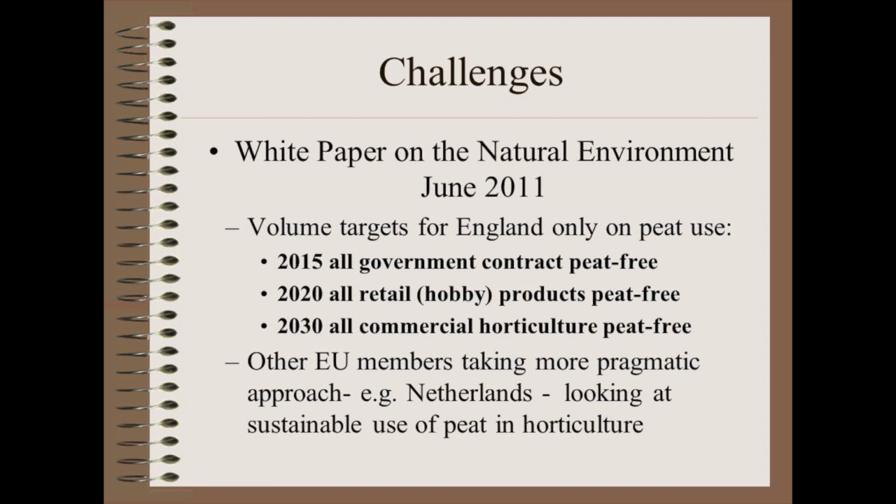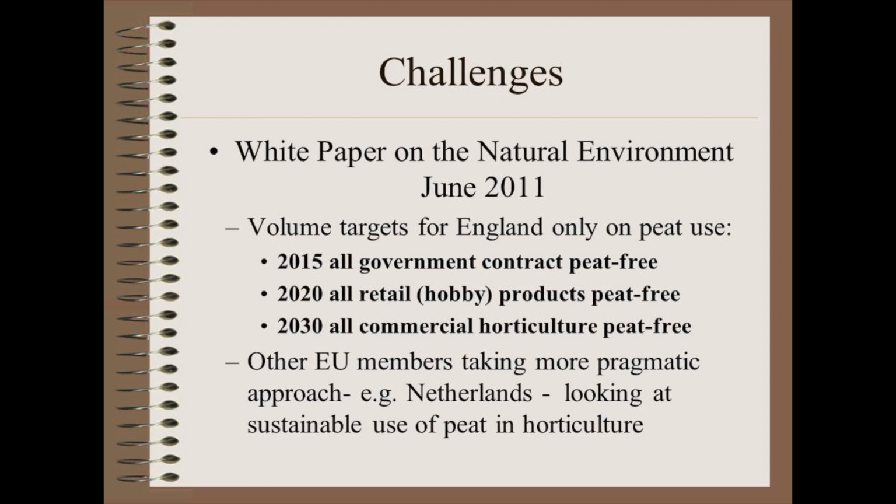And for you guys, 2030 is the date: commercial horticulture needs to be peat free. So those are the ones that have caused a lot of discussion and debate over the last year. I'll go into the task force and the discussions around that, but those are the targets which are driving the actual issues at the moment.